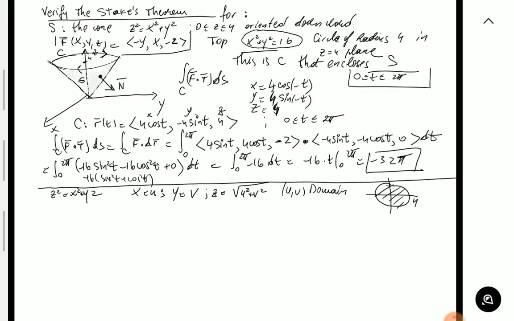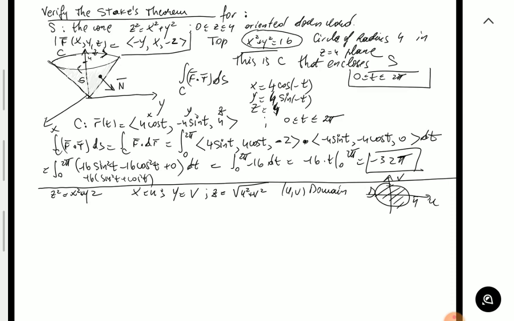If you look at the xy plane, it projects onto this disk with radius 4, if you project the entire cone on the xy plane. So because u and v are the previous x and y, the parameter domain D will be the full disk.